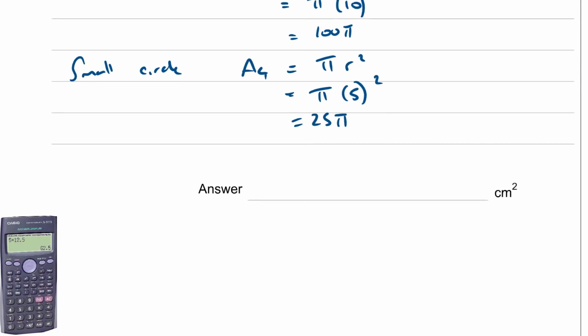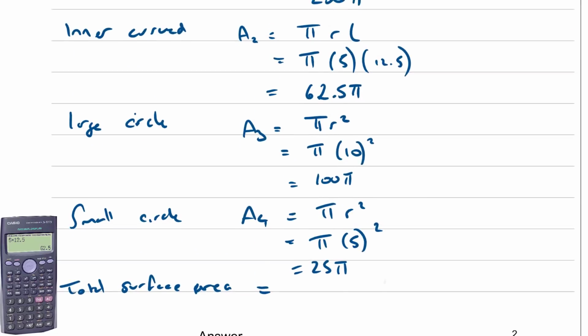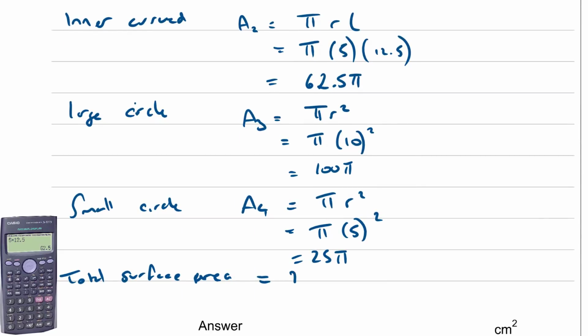Okay, so then the total surface area is going to be my 250 pi plus my 62.5 pi plus my 100 pi, subtract my 25 pi, because that's the bit of a small circle that doesn't actually exist.